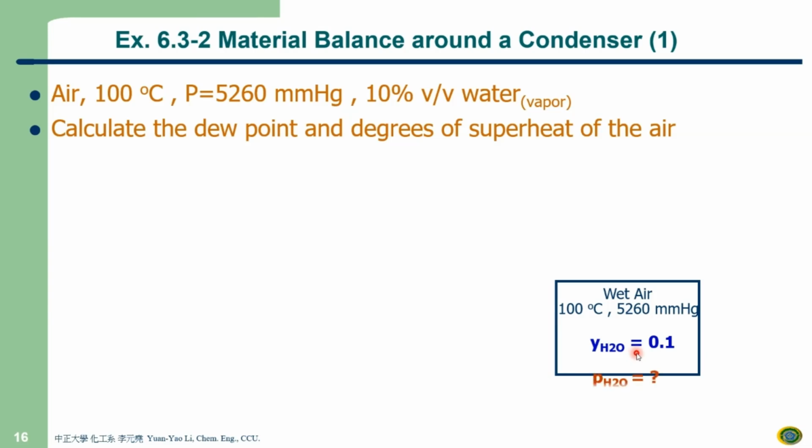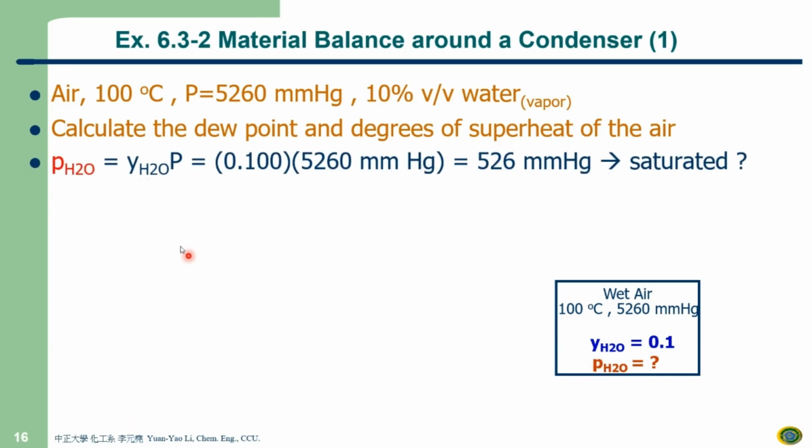Let's do it. What is the partial pressure of water? According to Dalton's law, it's 0.1 times capital P, the total pressure. So the partial pressure is 526 millimeter mercury. Is this saturated at 100 Celsius? Check the table first.